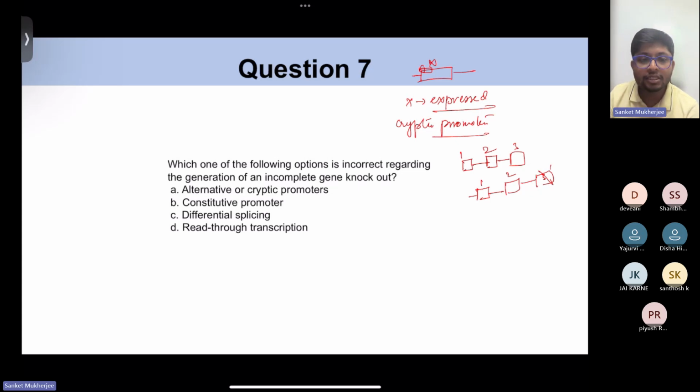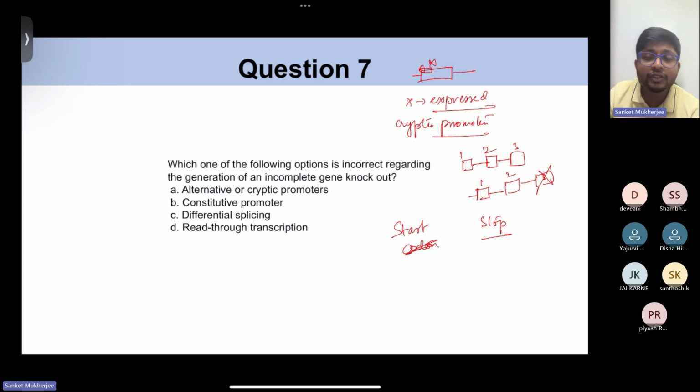drug resistance gene. While you are creating a knockout, there are start and stop sites of transcription for creating RNAs. During this process of knockout, it is possible that one of these is eliminated, either the start site or the stop site.